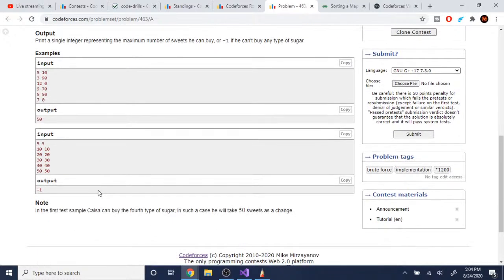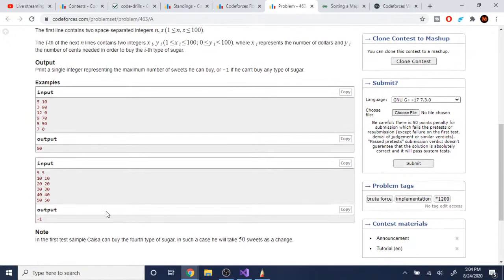Hold up. S dollars, I could buy the fourth type of sugar. 1, 2, 3, 4. Why does he do fourth type of sugar? Okay, I got it.